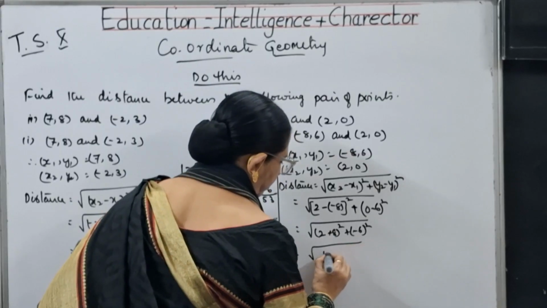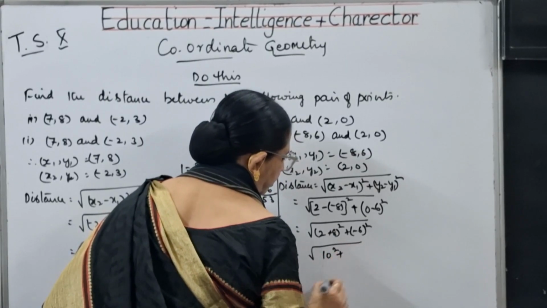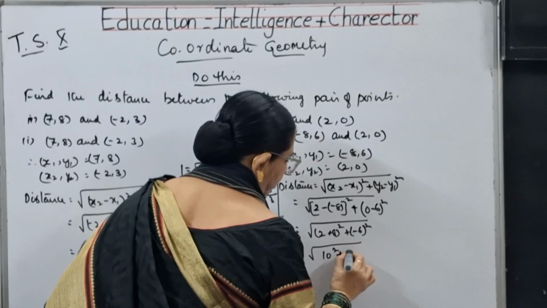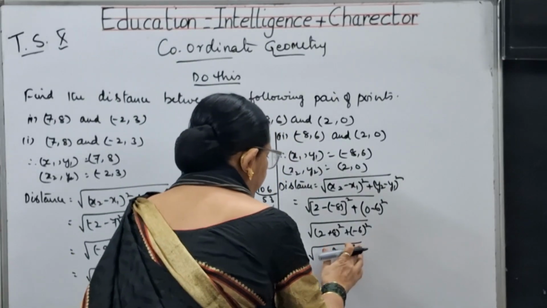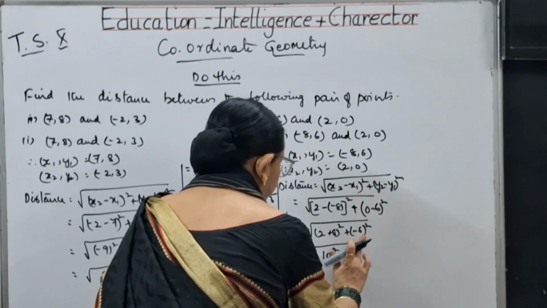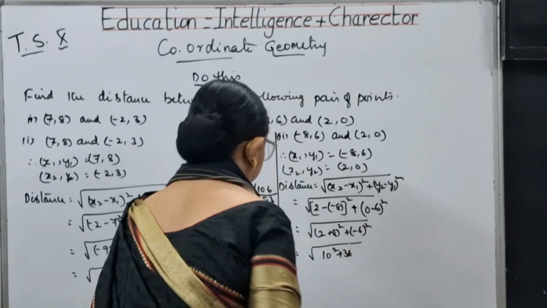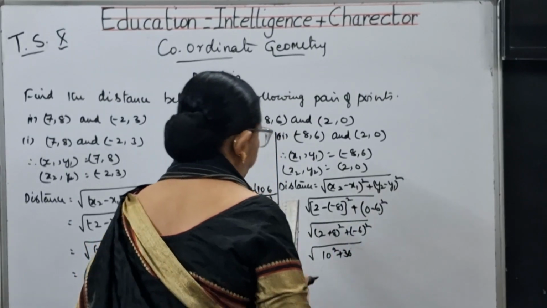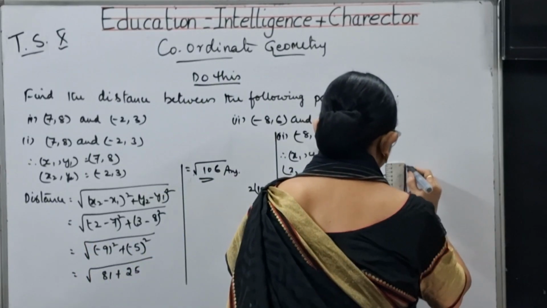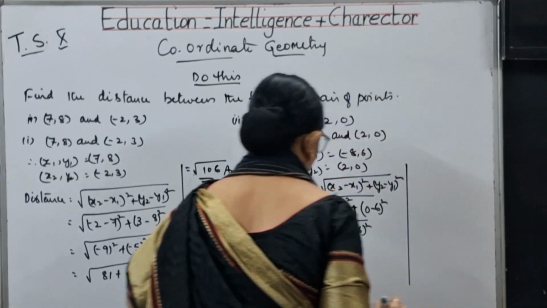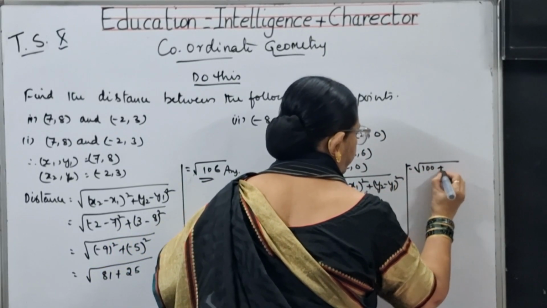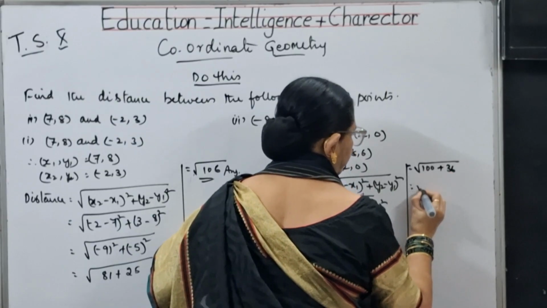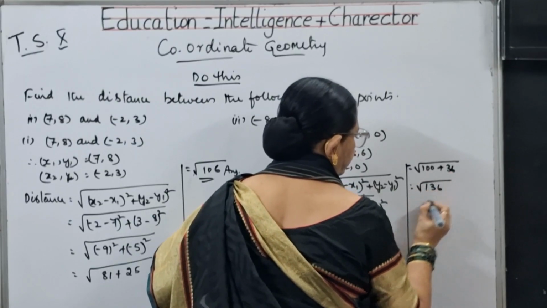That is root of (2 plus 8) whole square plus (minus 6) whole square. Root of 10 square plus 6 square. That is, 6 square I can write as 36. 10 square plus 36. 10 square is how much, children? 100. 100 plus 36, root of 136.